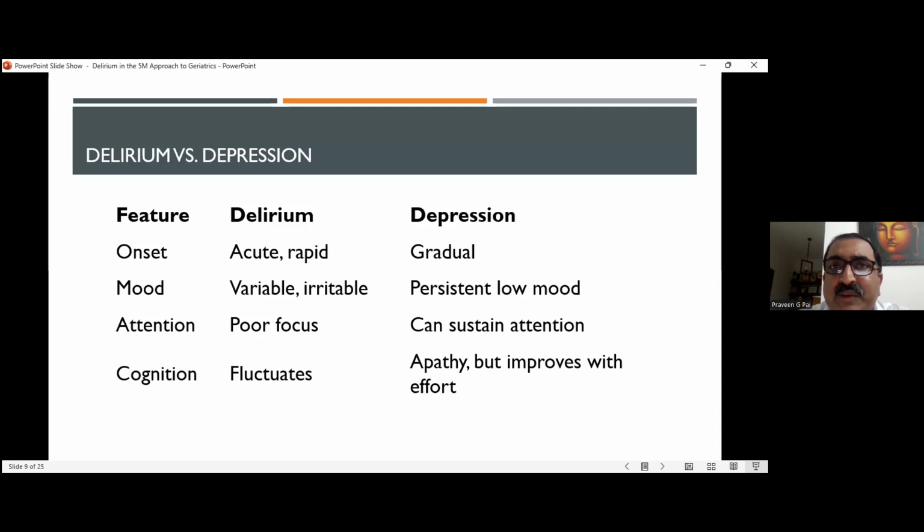And attention also is not that much of an issue. Some sustained attention is possible for somebody with depression.